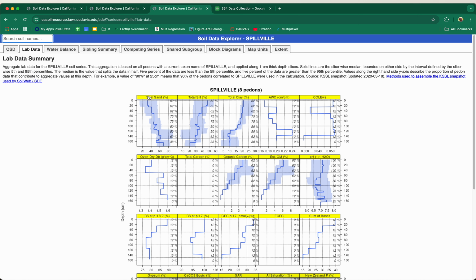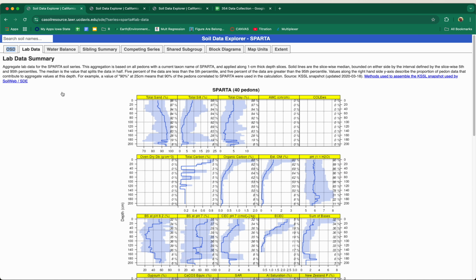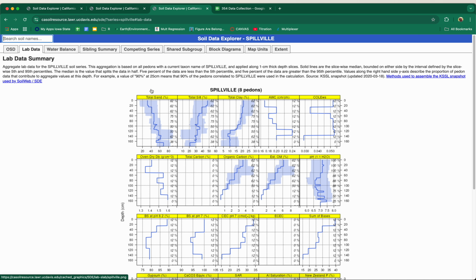And we see here, okay, a little bit less sand than our 90-ish percent of Sparta. We're well below that, anywhere from, who knows how deep the soil is, probably superficial, I guess top 20 centimeters, so probably in the 40% in the Spillville, which again is kind of a sibling of that Hamlin soil.